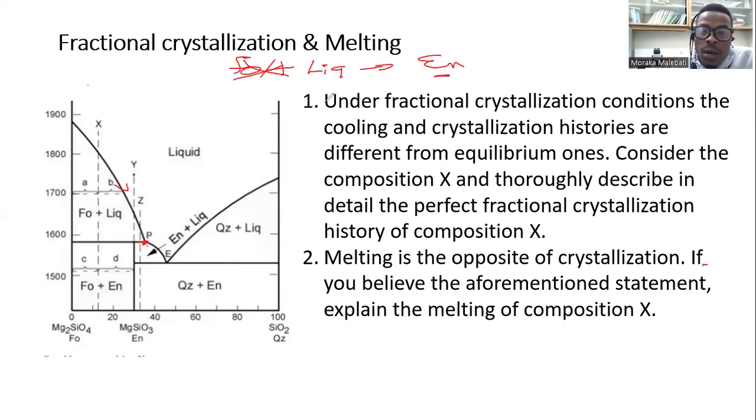As the temperature goes down, the liquid starts to produce the anorthite, and then we've got the anorthite plus the liquid. But now as we go down, the anorthite gets formed and then removed out of the system.